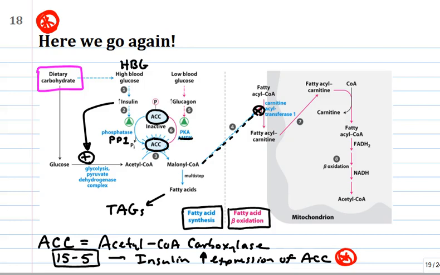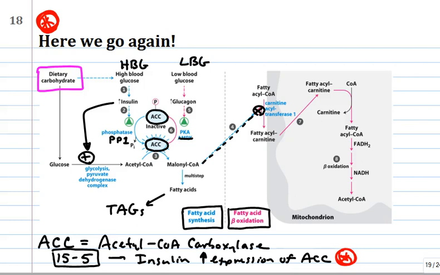Now, on the other hand, low blood glucose. Do you want to be making fats during times of low blood glucose? Oh, I don't think so. You better be breaking down fats in beta oxidation to make ATP to drive gluconeogenesis. So, how's that going to work? Low blood glucose?